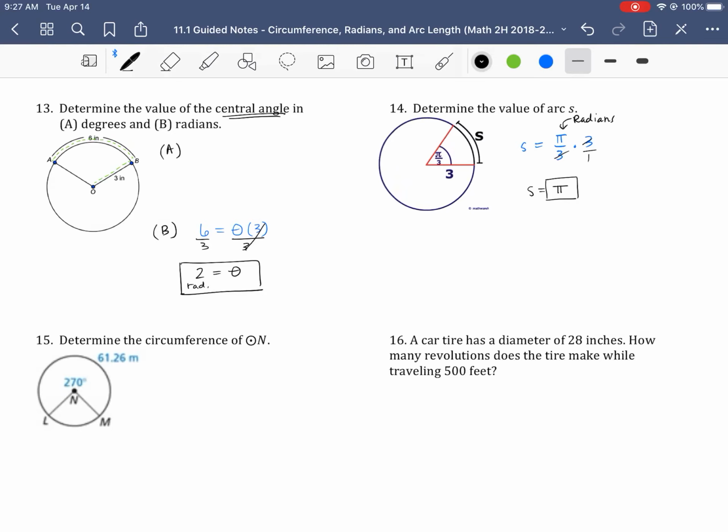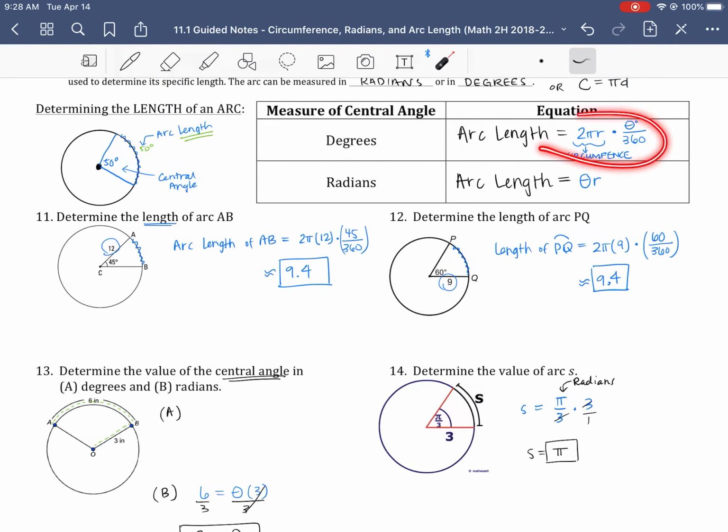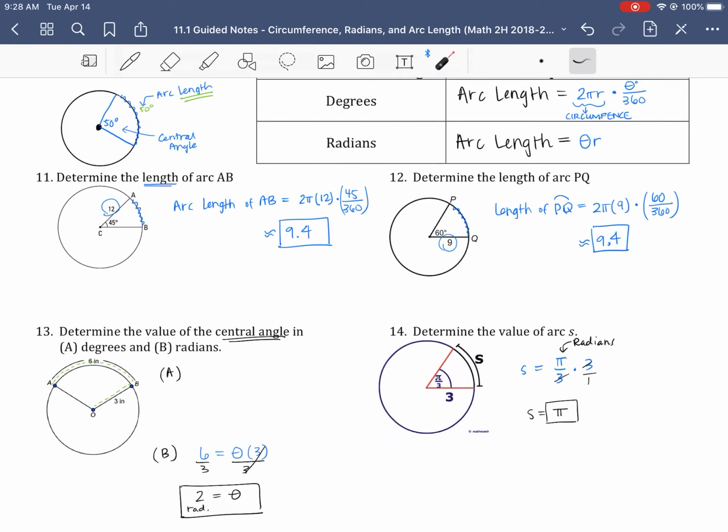All right, let's jump up to degrees. Again, we're just going to use our degree formula. If you need to be reminded of what that is, you can look back up at your degree formula there. And we're just going to plug that in here. So again, we know the arc length is 6.